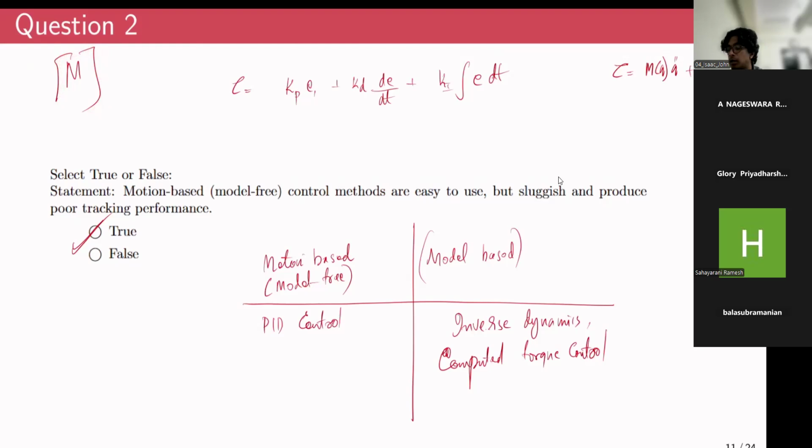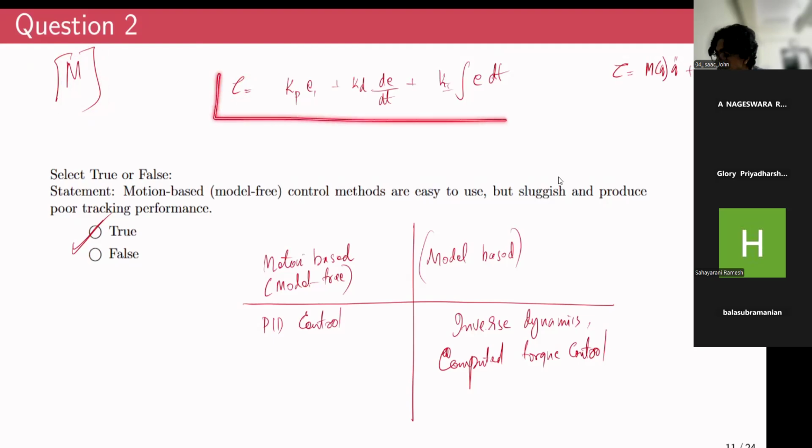The control action can be very fast because it already has that information. And if the robot has to move along a direction with lower inertia, it only needs to provide a lower control input, lower force. Since all the information is already available with this mass matrix, it can be very fast.